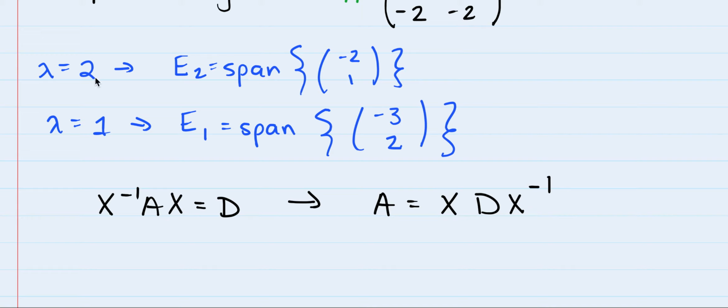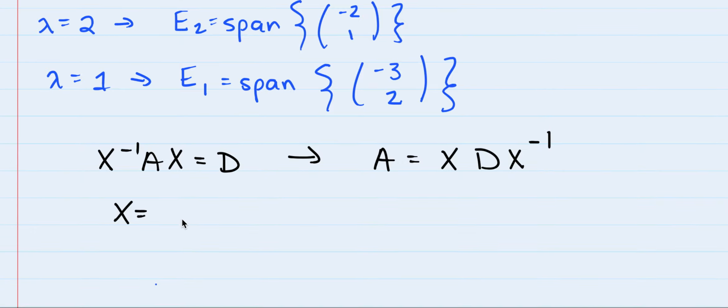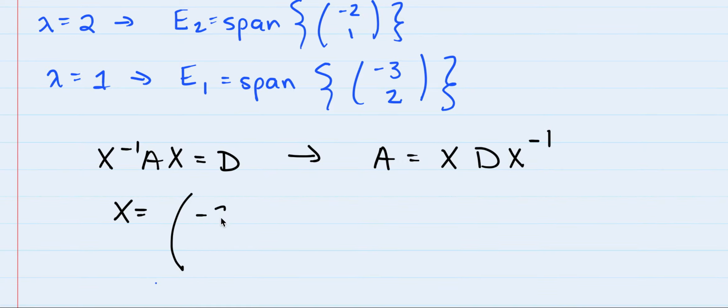I'm going to use this one over here, but you're going to get the same thing no matter what. And this matrix A corresponds to the eigenvectors. All right, so we choose a vector in the eigenspace, this one right here, and remember that these are linearly independent, because well, we've talked about this. We said these are linearly independent. So I'm just going to take these two vectors. So I'm going to say X is equal to, now I'm going to say -2, 1, because this is my first column, and then -3, 2.